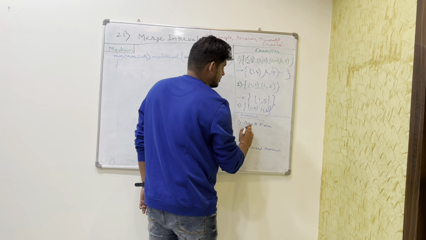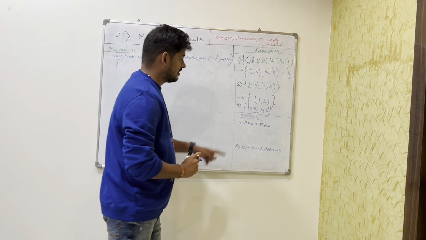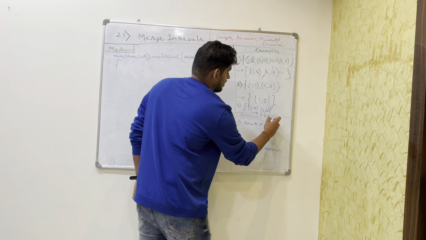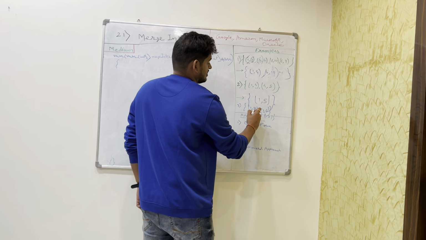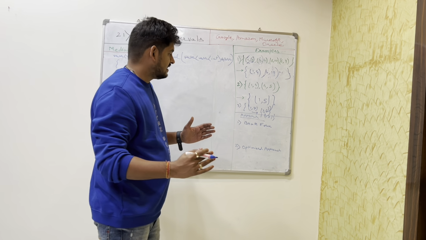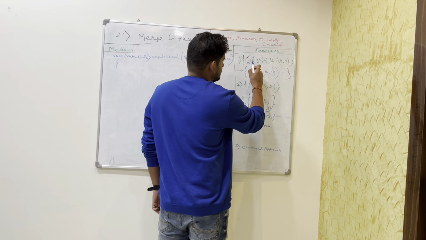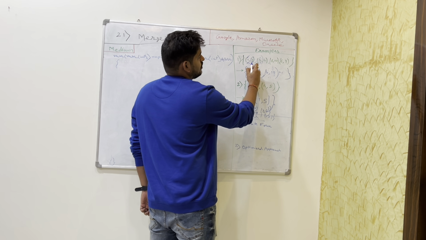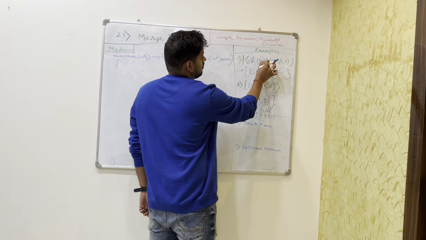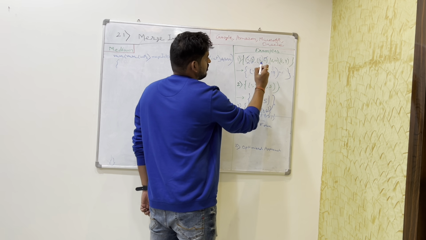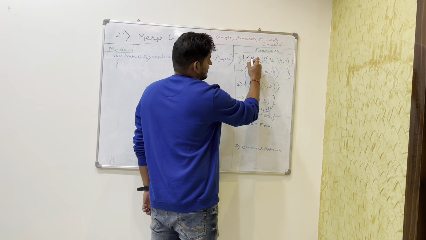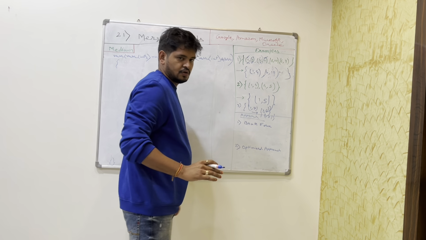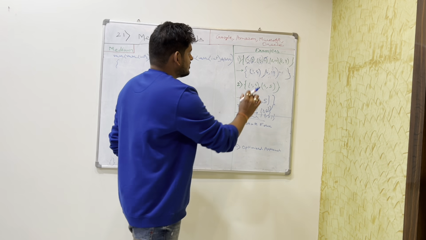For this the answer would be just 1 comma 7, because 3 comma 4 comes within 1 comma 7. So once we see that this value is less than this value, we will take the maximum of these two. We understand this.